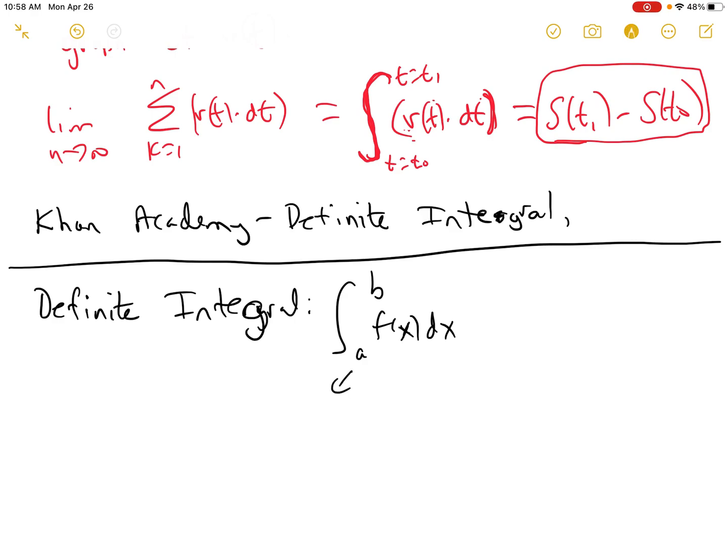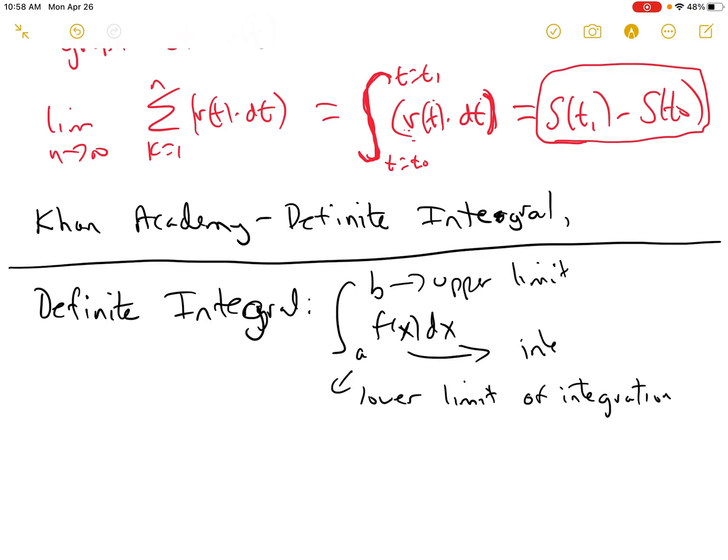This is called the lower limit of integration. This is the upper limit. This f of x is called the integrand. And dx is actually the little width of each subinterval, but it tells you what the variable of integration is.